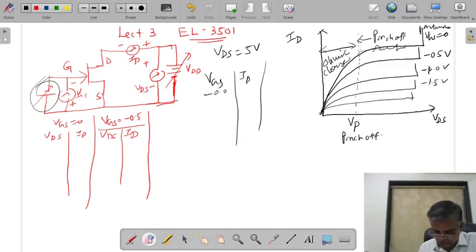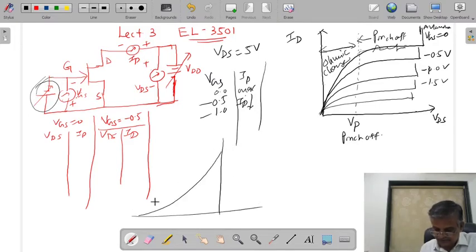Initially we kept it at 0, and you will get maximum current here. As you increase the negative voltage, ID decreases, and that graph we have seen in the last lecture.